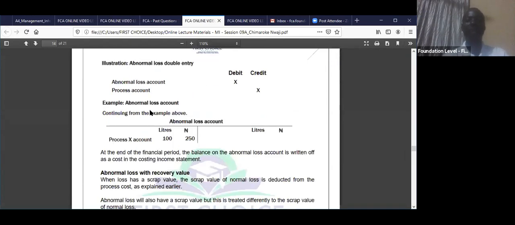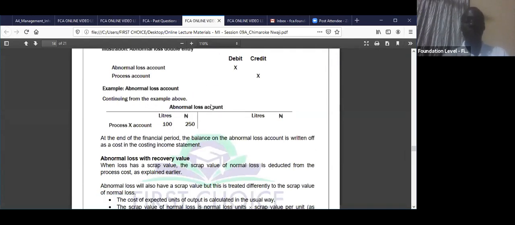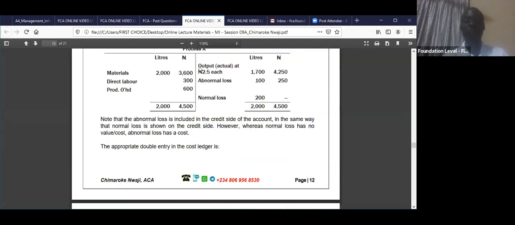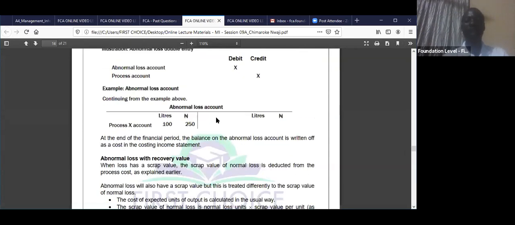So you see the abnormal loss account here now. The first one we did was the process X account. Now we are doing the abnormal loss account. So it's coming from process X like that. Now at the end of the financial period, the balance of the abnormal loss account is written off as a cost in the costing income statement.